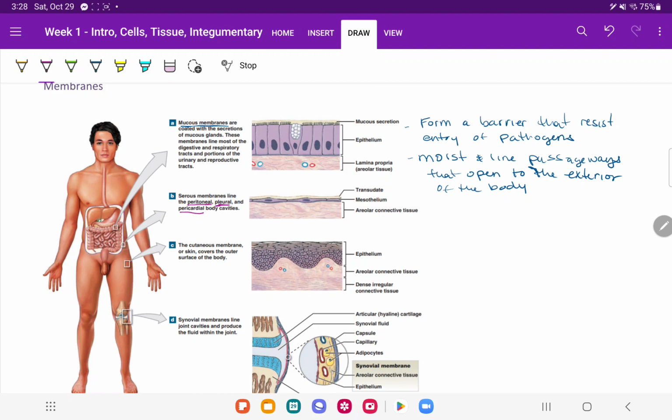So the pleura is going to line the pleural cavities and cover the lungs. We have the peritoneum, that's going to line the peritoneal cavity and cover surfaces of the enclosed organs.